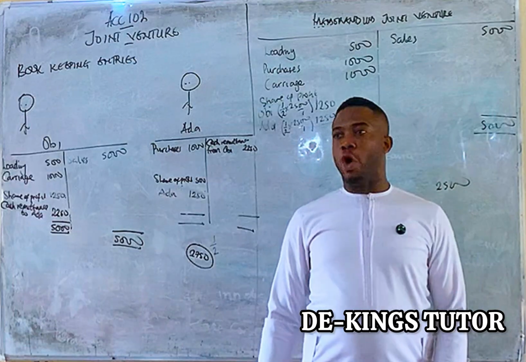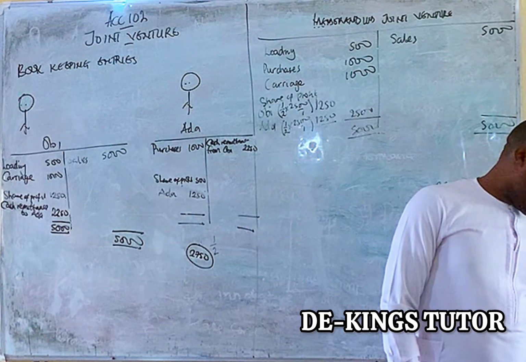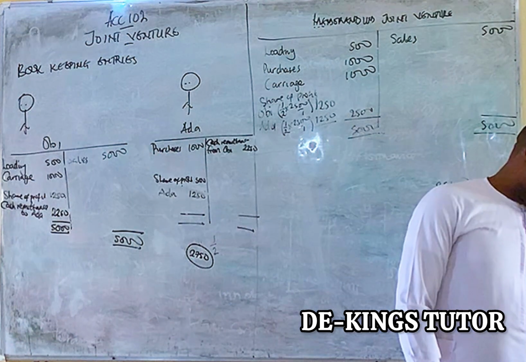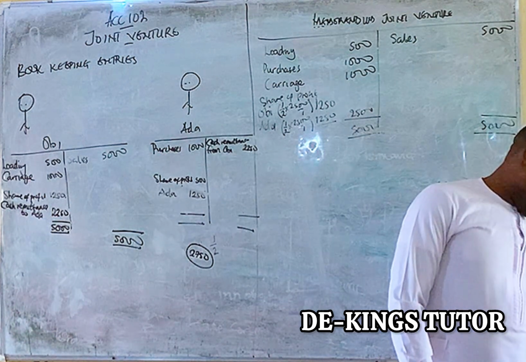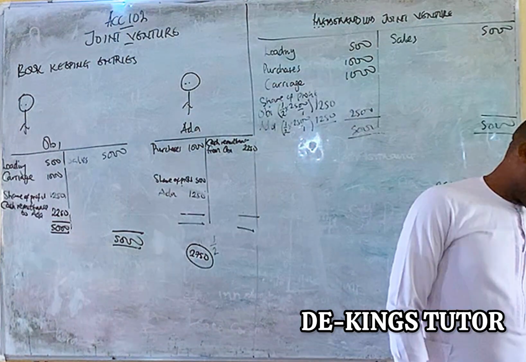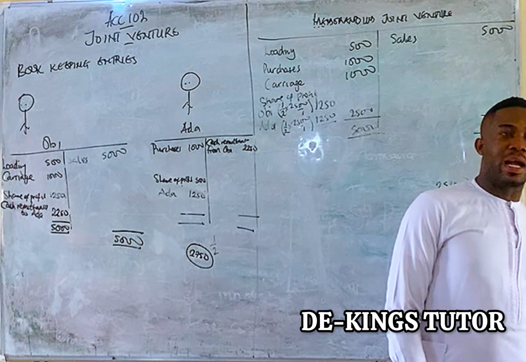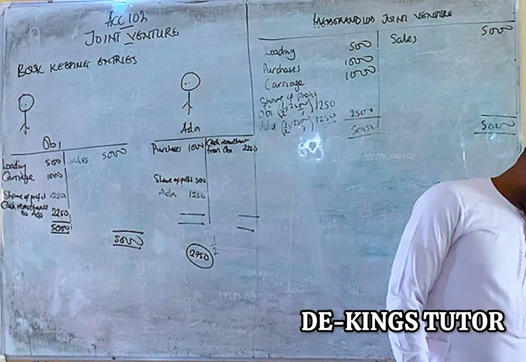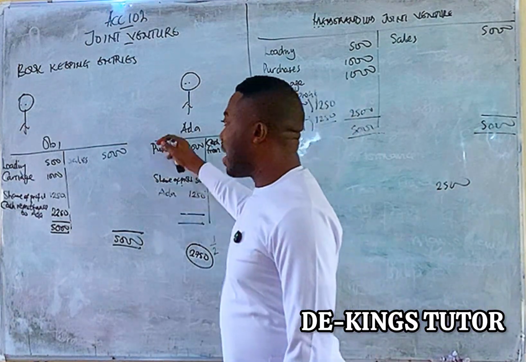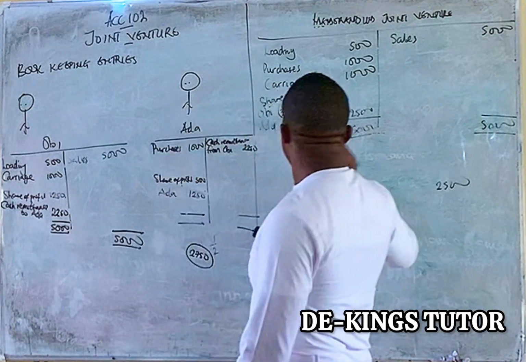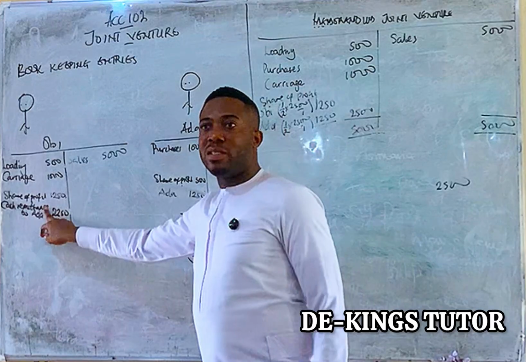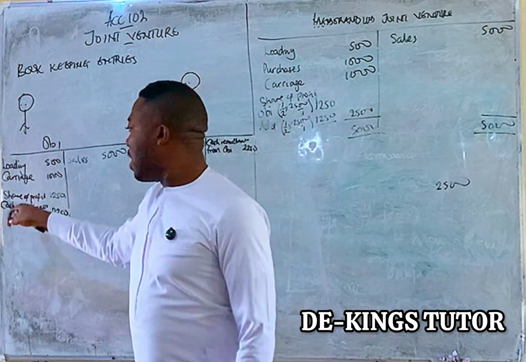Any unsold stock is also credited to it. And where this unsold stock is taken over by a venturer at an agreed price, it should be credited to their account also. So, like the illustration I gave, while preparing the joint venture account, you get their share of profit and send it to each of their accounts.